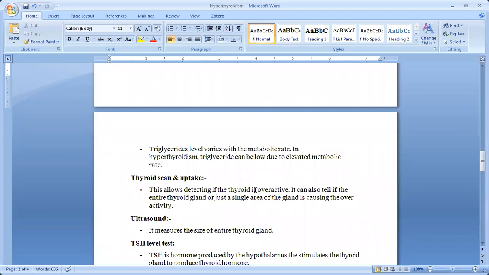We can detect the activity of the thyroid gland here. And whether the entire thyroid gland is affected, or only a small or single area of the gland, that we can see in the thyroid scan.